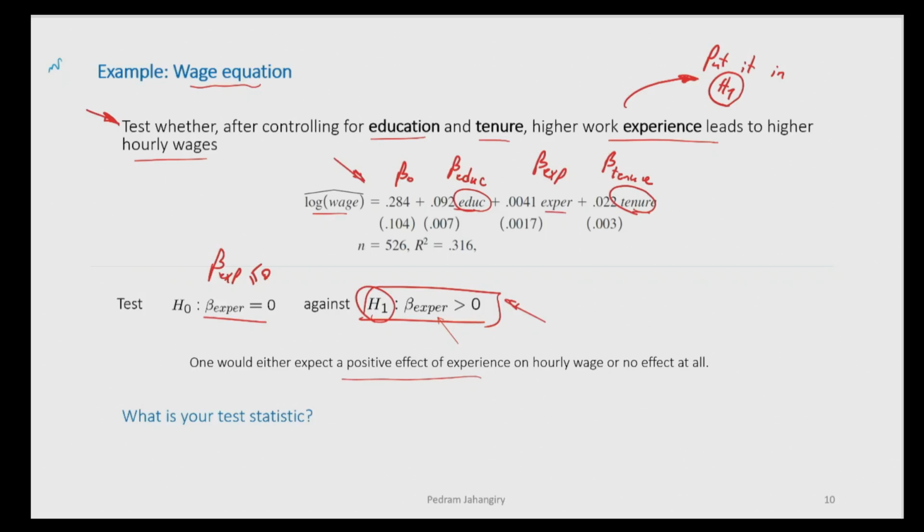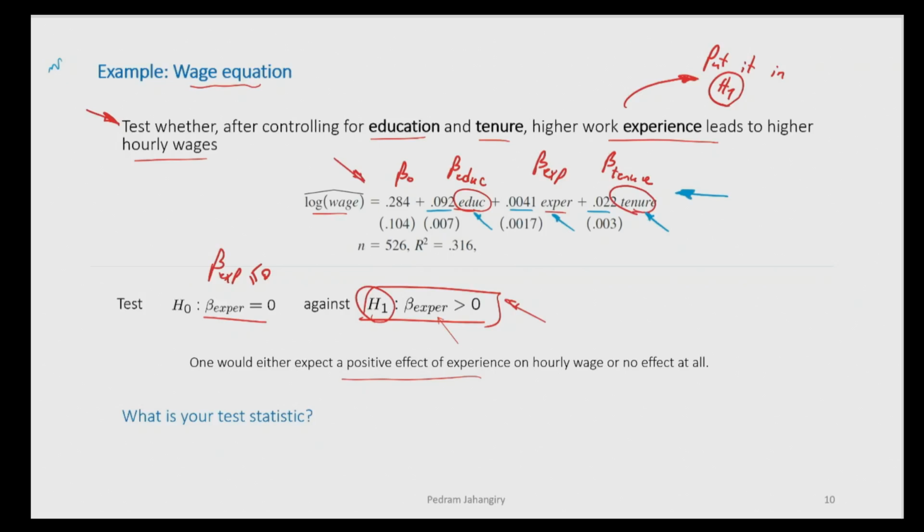I run the regression, and the regression is giving me back these numbers: 0.022, 0.0041, 0.092, and so on, right? And I can go ahead and interpret that. So if education increased by 1 unit, then wage is going to increase by 9.2%. Remember, this is log level. If experience increased by 1 unit, then the wage is going to increase by 0.4%. If tenure increased by 1 unit, then the wage is going to increase by 2.2%, right?